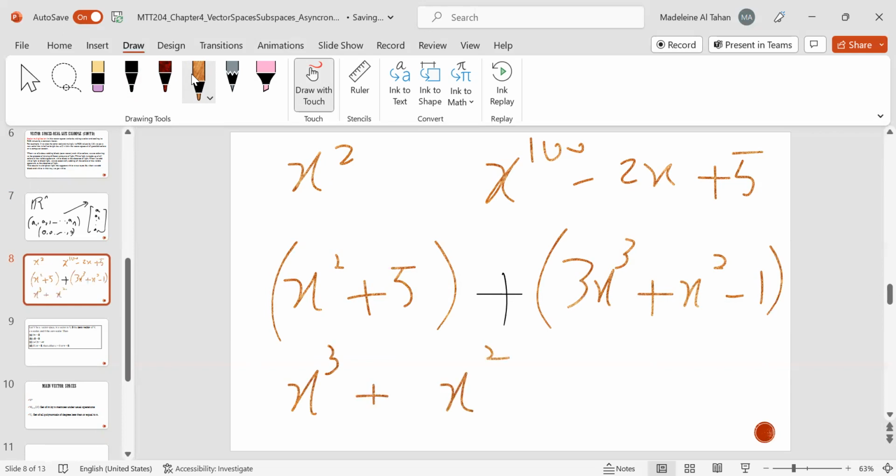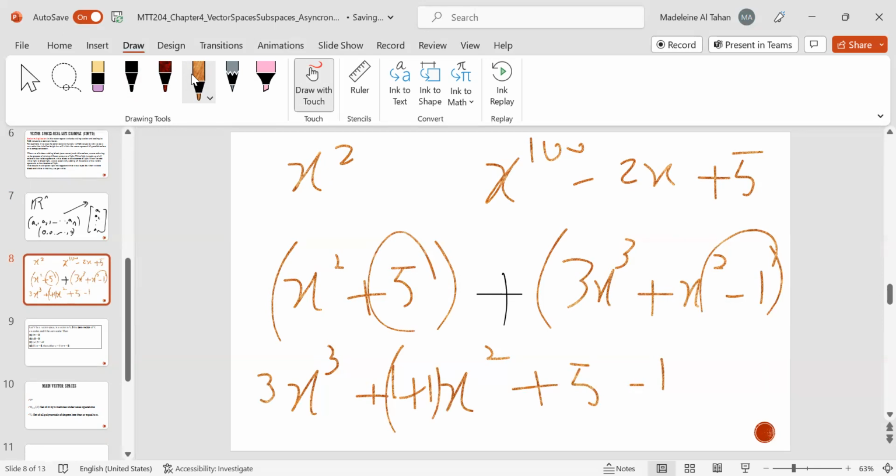Do we have an x cubed in the first one? No, so the coefficient is 0, whereas in the second one it's 3. So 3 plus 0 gives 3. Here we have x squared and here we have x squared, so we add their coefficients. The constant here is 5 and in the second one the constant is -1, so we get this new polynomial.